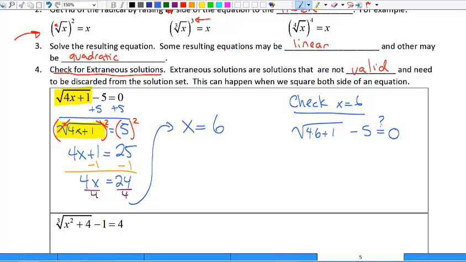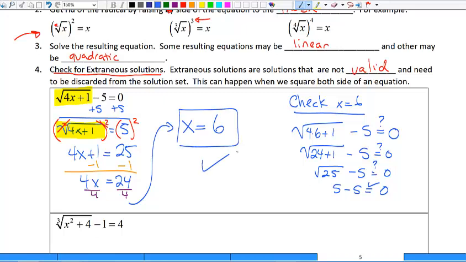I'm checking it. So that's why I put the question mark on top of it. It's not true until I show you it's true. So that's the square root of 25 minus 5 is supposedly equal to 0. Let's see, 5 minus 5 does now equal 0. Excellent. So is 6 a good solution? It sure is.